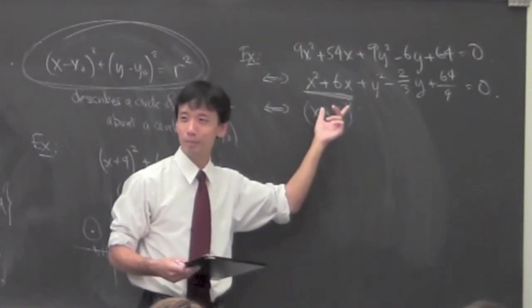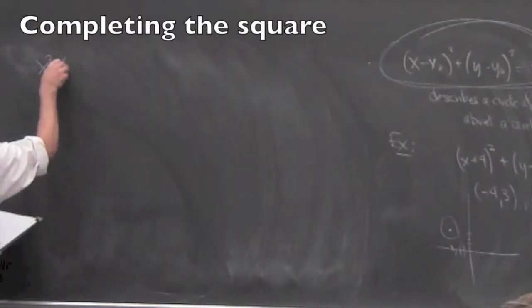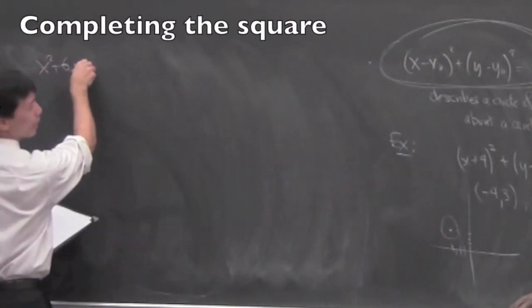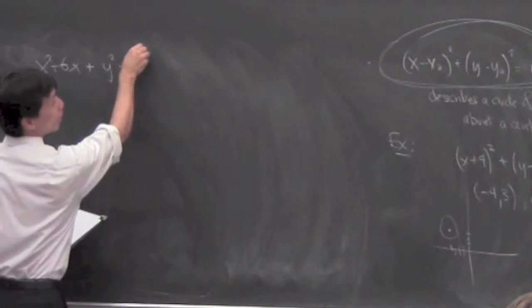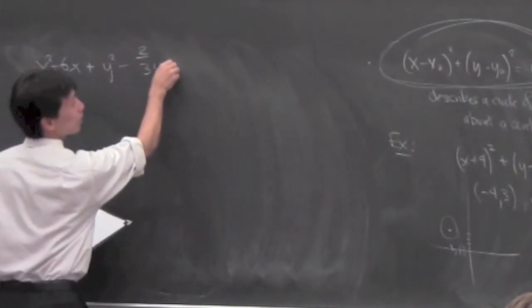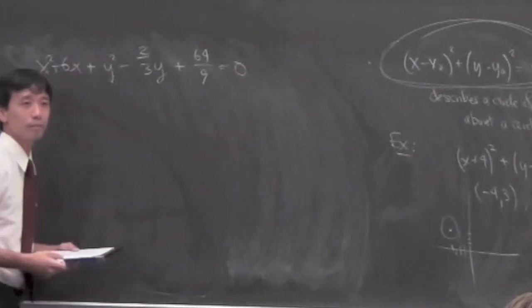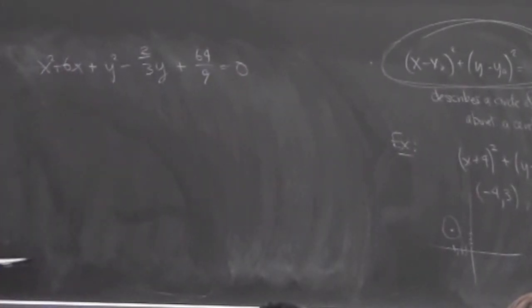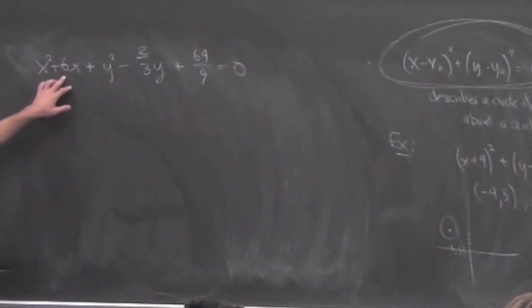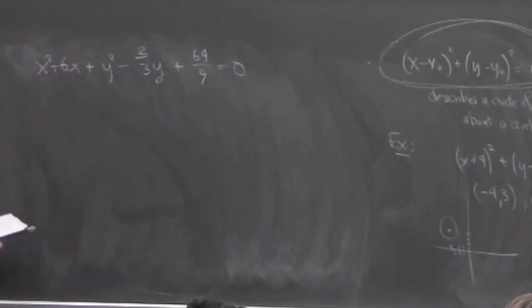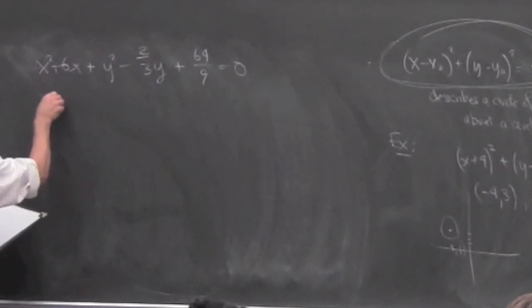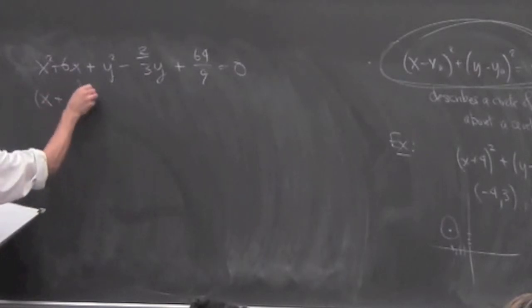You guys see that? So I write it over here, plus y^2 - 2/3 y. Okay. So you look at this thing and you say, I want to make this look like x plus something squared.